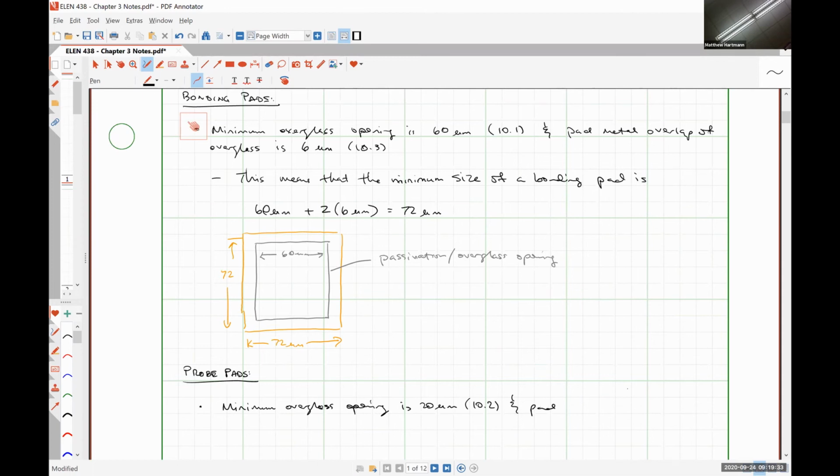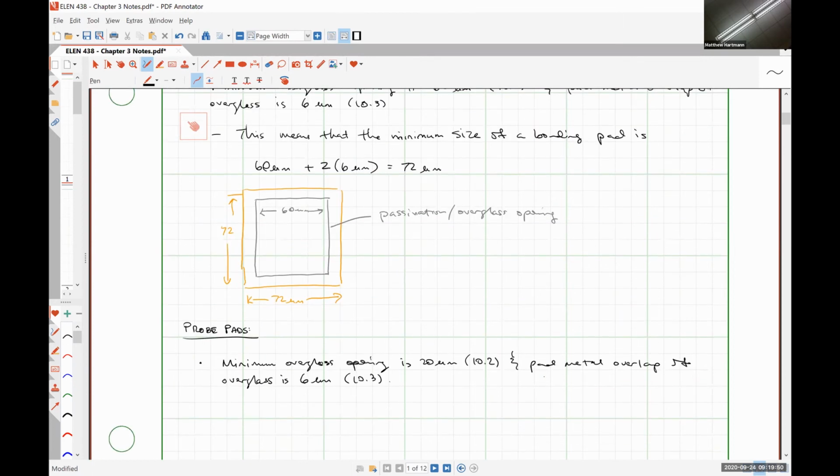And the pad metal overlap of the overglass is still 6 microns.